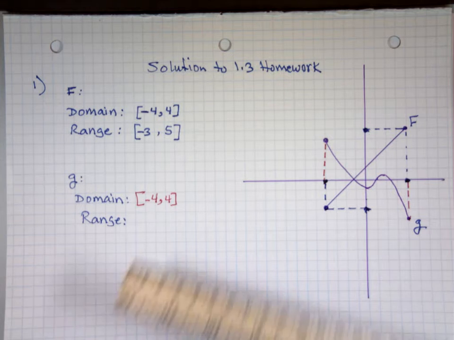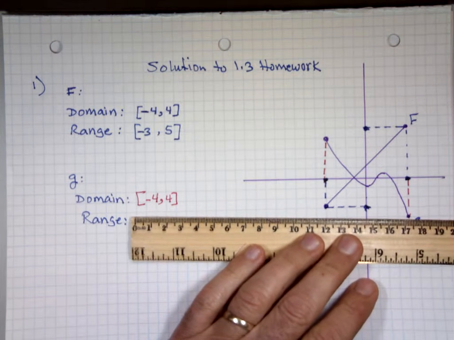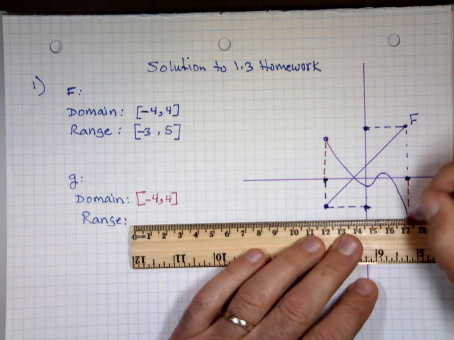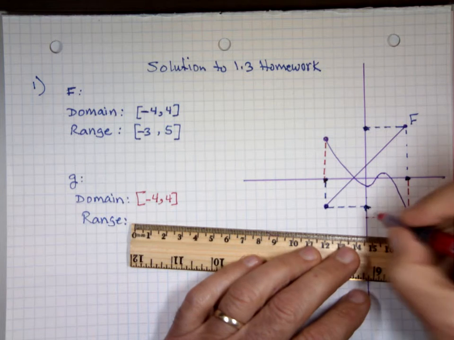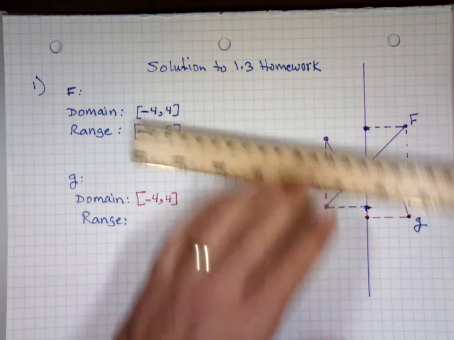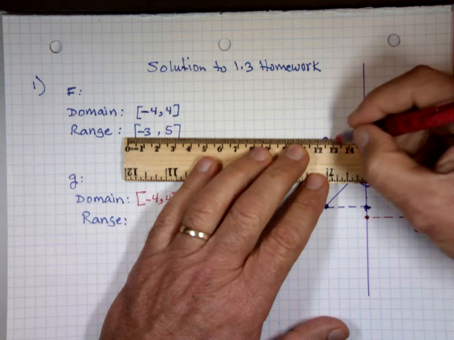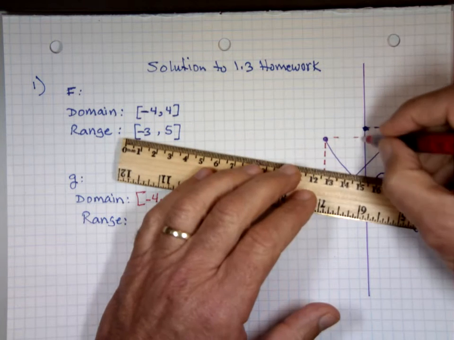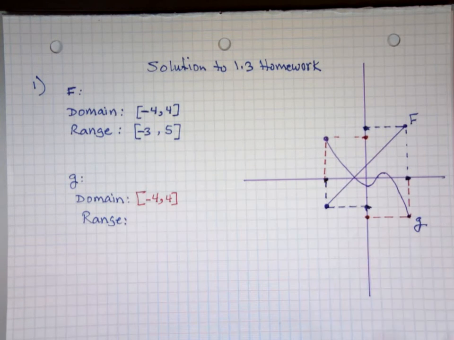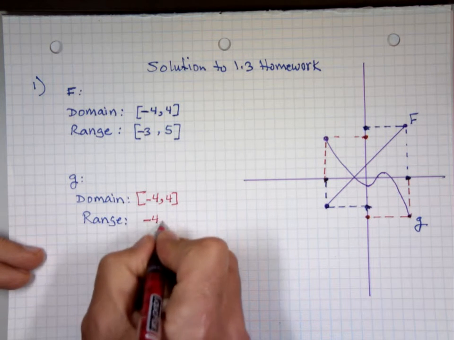And where's the range from? The range is a little bit different now. From this y value to this y value. From here to there, which is what? Negative 4 to 4.